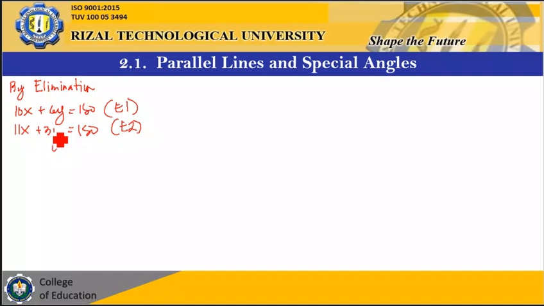So let's say for this presentation that we will eliminate the value of y. How do we eliminate the value of y? What we do is multiply both sides of equation number 2 by negative 2, and then we add it to equation number 1. So equation number 1 plus negative 2 times equation number 2.